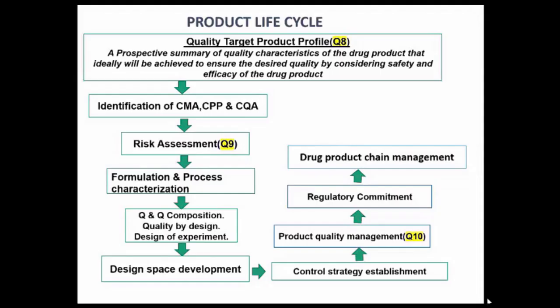Formulation process characterization and Q&Q composition by quality by design and design of experiments. Design space development, control strategy establishment, product quality management, quality commitment, regulatory commitment, and drug product chain management. In this way it will be. So Q8, Q9, Q10 guidelines are a must in this complete process.